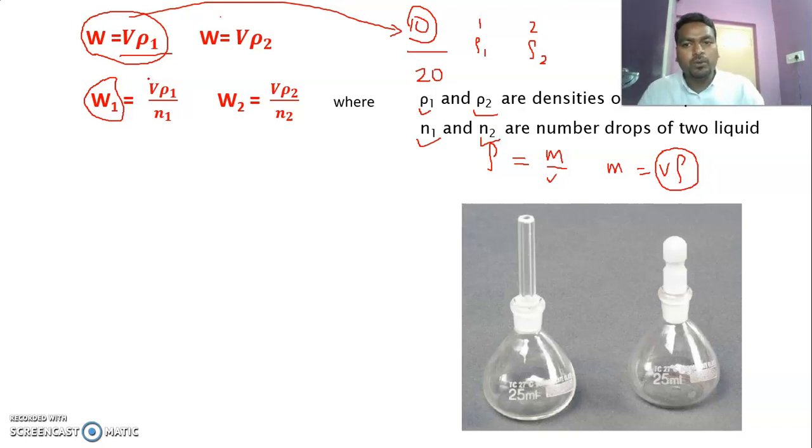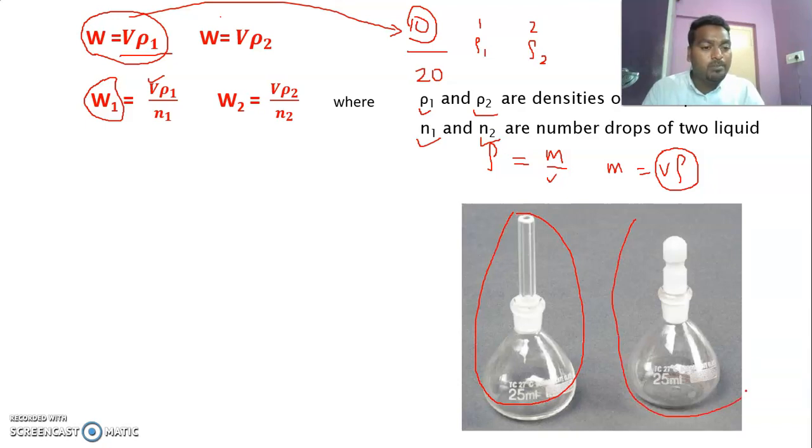And rho 1, that is the density, of a given liquid can be calculated by using a specific gravity bottle. Look here, dear students, this is a specific gravity bottle. The density can be easily calculated with the help of this bottle. If you want density, you know the formula: density is equal to mass divided by volume.